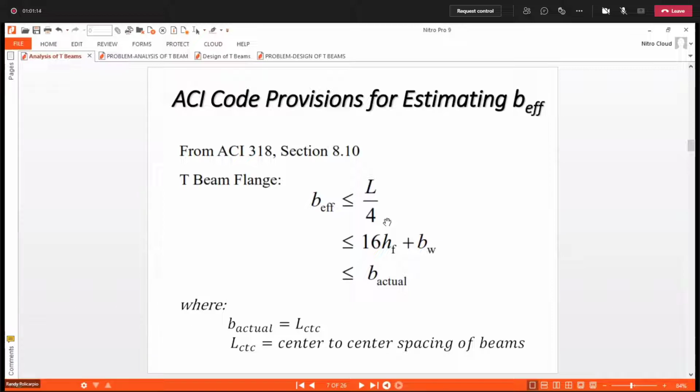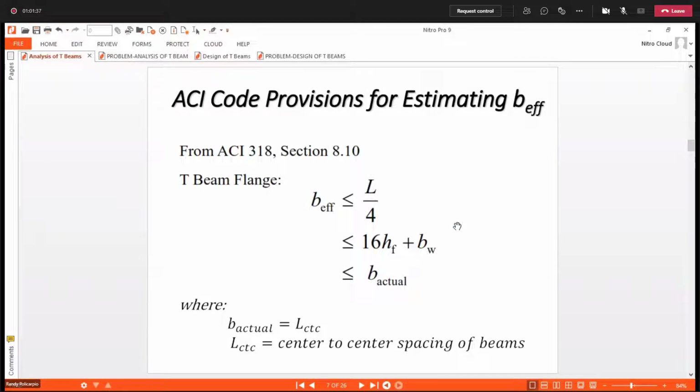Nung NSCP. I think ang NSCP ang nakalagay ay BW plus ln over 4, no? Yung ln is the clear span. So ito rin yun, clear span. So yung bagong code, sinimplify na lang niya, no? That yung criteria is simply the clear span over 4.